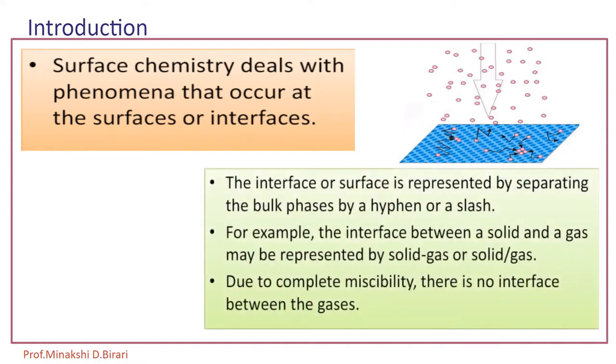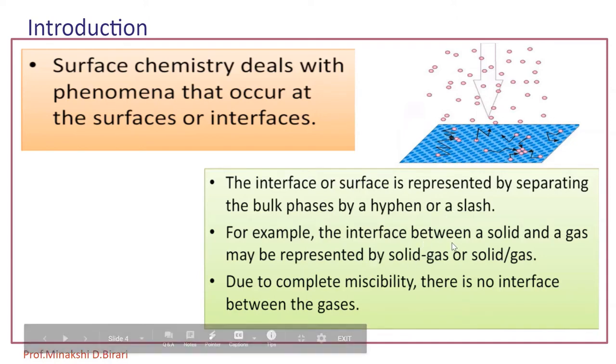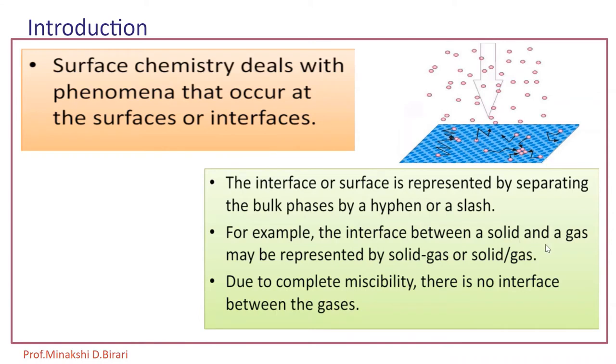The interface or surface is represented by separating the bulk phases by a hyphen or a slash. For example, the interface between a solid and a gas may be represented by solid-gas, that is solid hyphen gas, or solid slash gas.